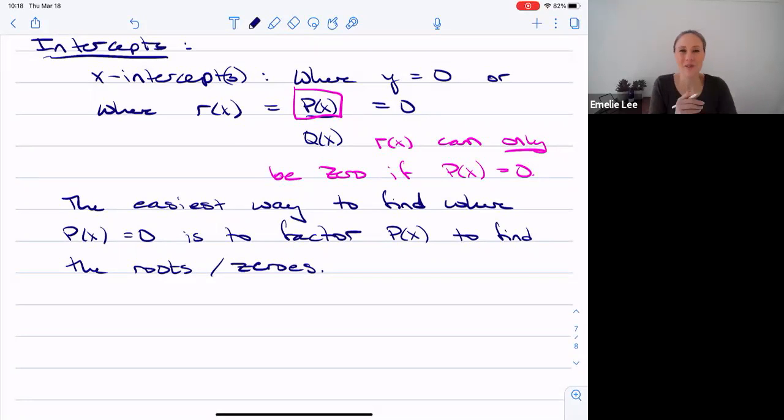So if you're keeping track, we've decided that I'm going to factor Q of X to find vertical asymptotes or potential vertical asymptotes, but then I'm also going to factor P of X. So as a first step, just start by factoring both the numerator and the denominator, and then it'll make things easier as we go along, right?